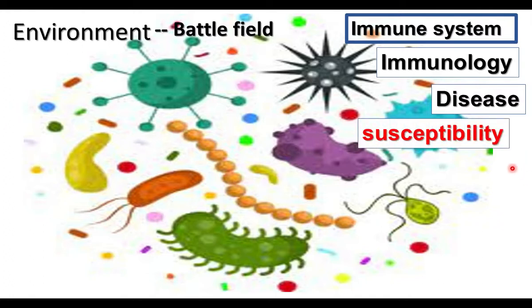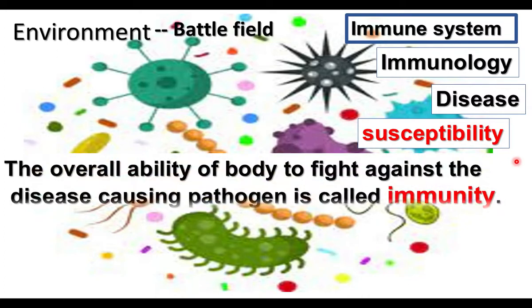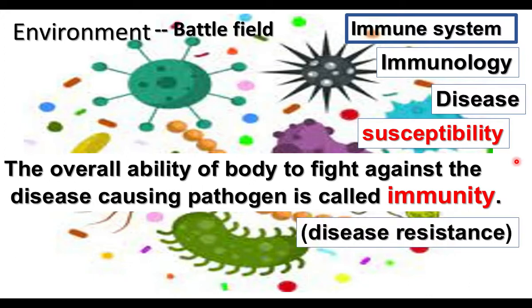When a particular person is susceptible, the infection will result in disease. This is due to the failure of the immune system to fight against the particular microorganism. The overall capacity of the body to fight against disease-causing organisms is called immunity. The immunity is commonly called disease resistance. The opposite of disease resistance is susceptibility.